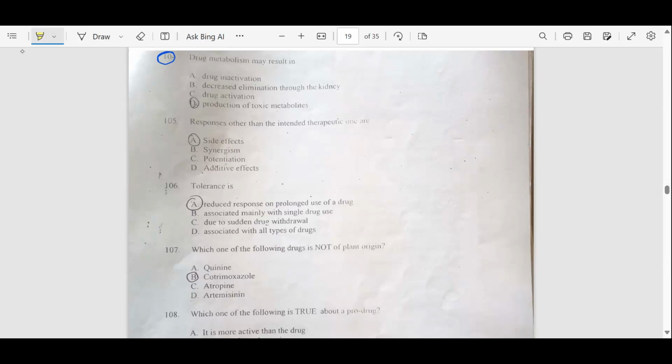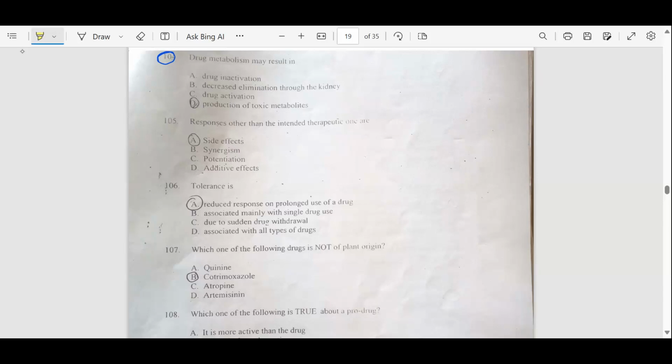So this is 103. Someone is asking, when drugs are metabolized, does it decrease elimination?